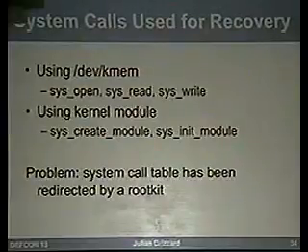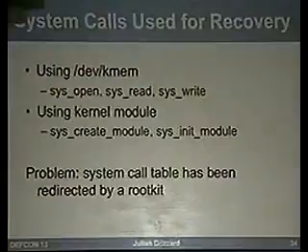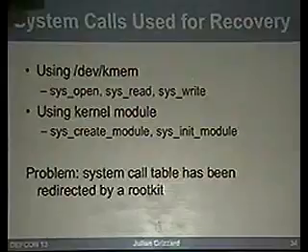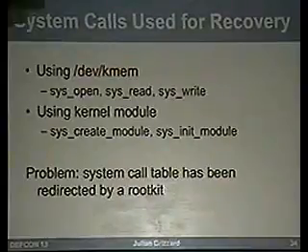So there's an obvious problem here. If you've installed a rootkit that's redirected system calls, and you're depending on those redirected system calls, then you may be depending on code that's going to prevent your recovery tools from working. Does that make sense to everybody? It's a little bit confusing. Okay.